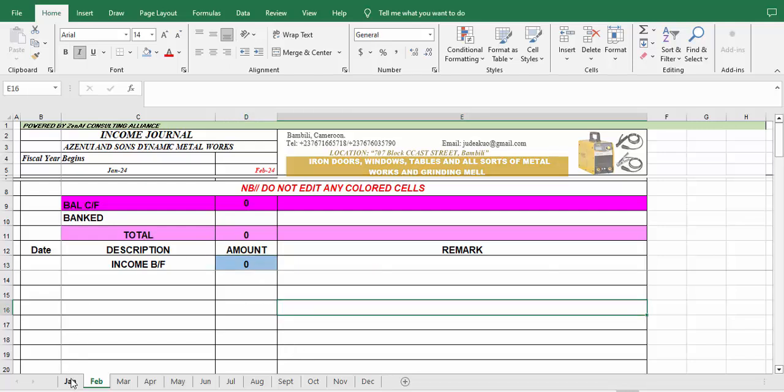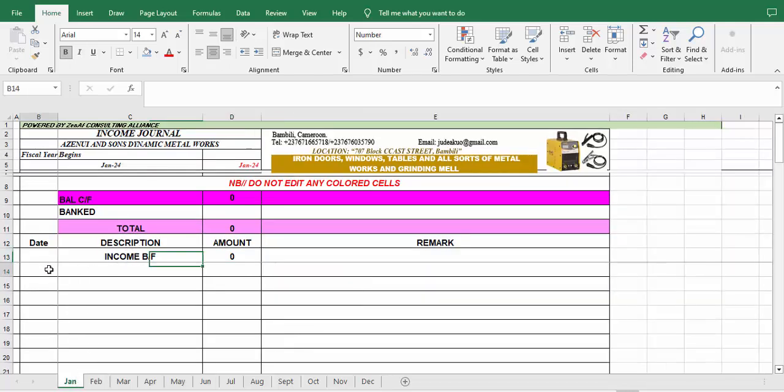So how does the system function? You write the date, let me say 02, 01, 2023. Provided you receive some revenue from me, 500,000 for work, what do you record under remarks?